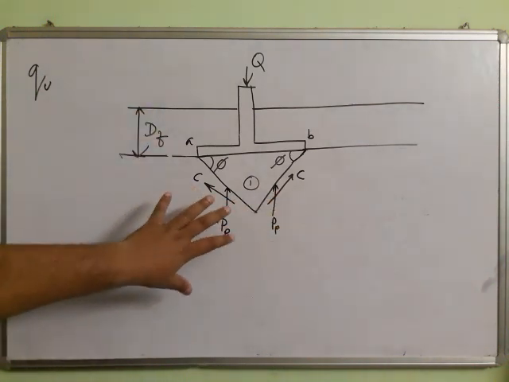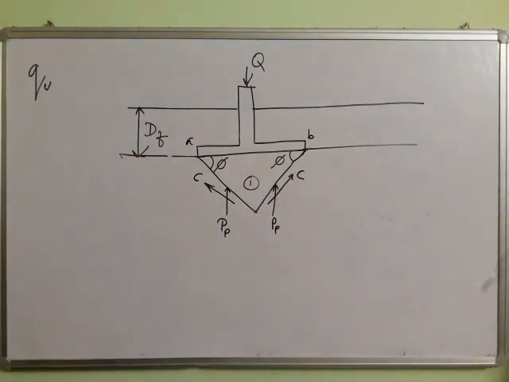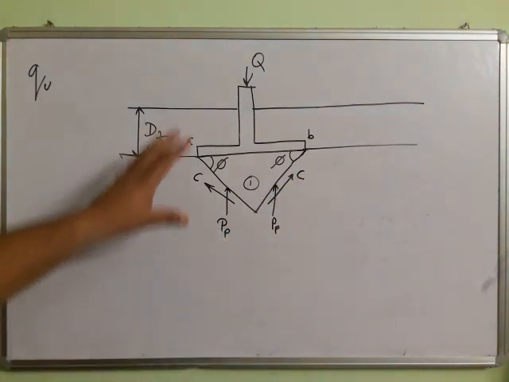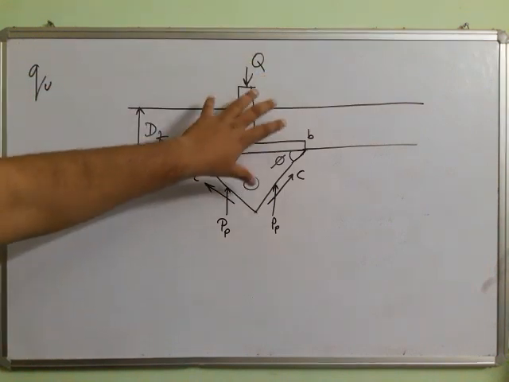The soil that is here is zone 2 and 3, isn't it? So Pp is the passive resistance. When the load is being applied, the whole mass is going down.